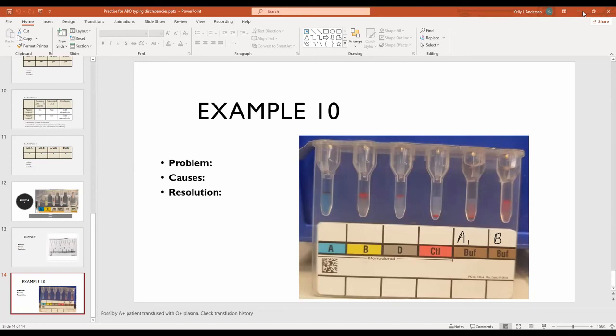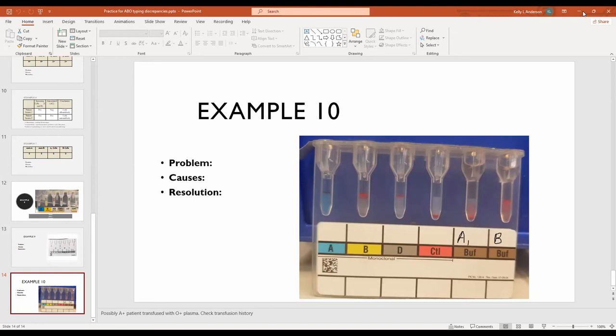So this would be in a multiple myeloma patient that has extra proteins causing Rouleaux. And I cannot spell Rouleaux off the top of my head. I'm so sorry. There's too many vowels. As opposed to a B patient that actually has anti-A.